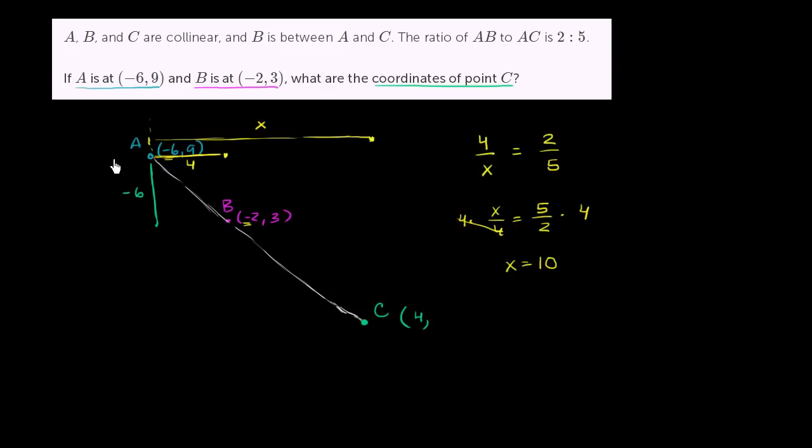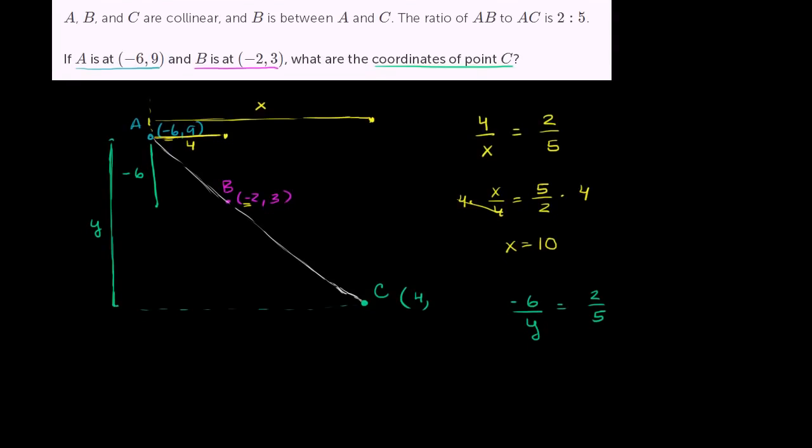Now, we're going to have that same ratio for the change in y. Let's call the change in y between A and C, y. So the ratio between our change in y from A to B, which is negative 6, to our change in y from A to C, y, is once again going to be equal to 2 to 5.